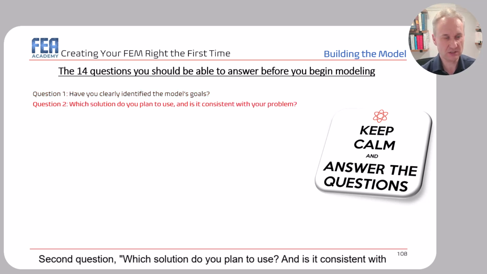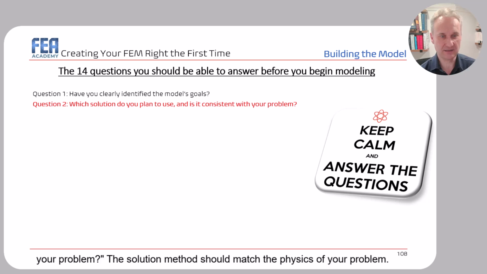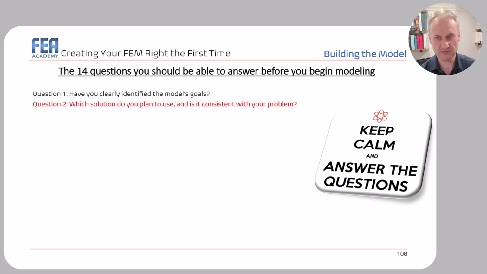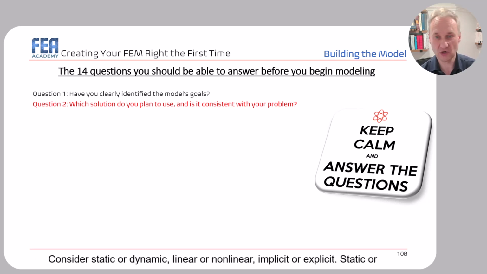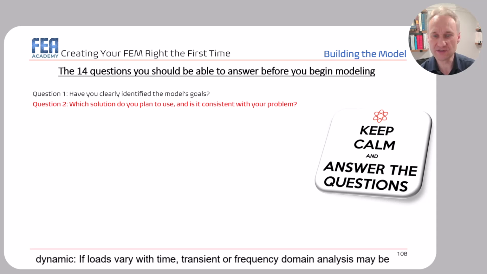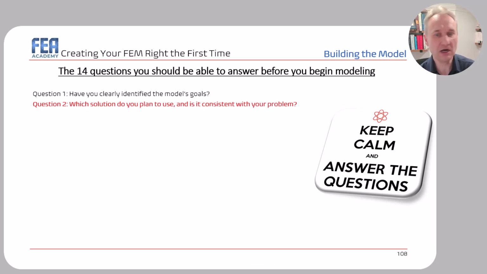The second question: which solution do you plan to use? And is it consistent with your problem? The solution method should match the physics of your problem. Consider static or dynamic, linear or non-linear, implicit or explicit. Static or dynamic: if loads vary with time, transient or frequency domain analysis may be necessary. Linear or non-linear?